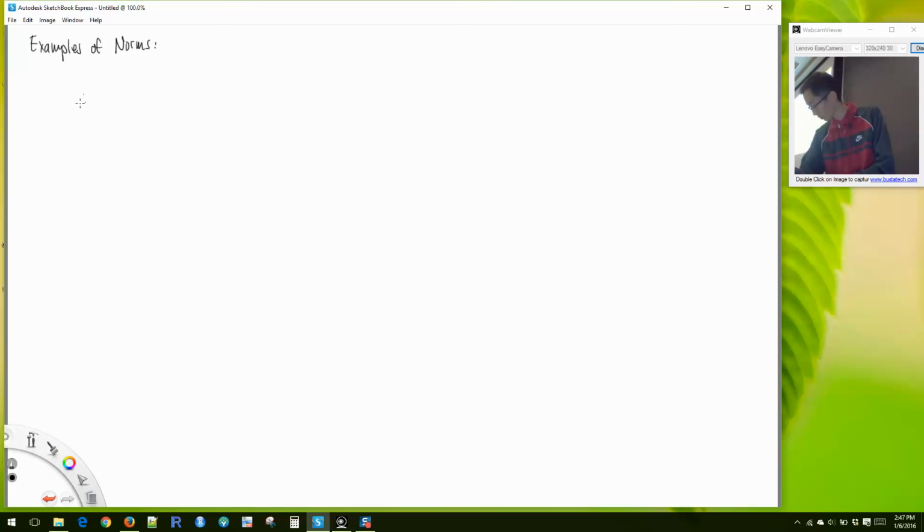Okay, so we have the L sub p norms, which is the norm of x, and often we might put a little p down there, and this is defined as: you take each element within your x vector, raise it to the p power, and you add them up for all the elements in there, and then you take the pth root, okay, for p greater than or equal to 1.